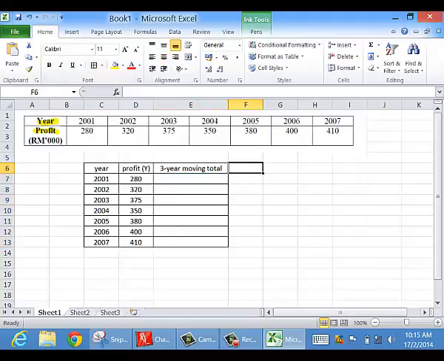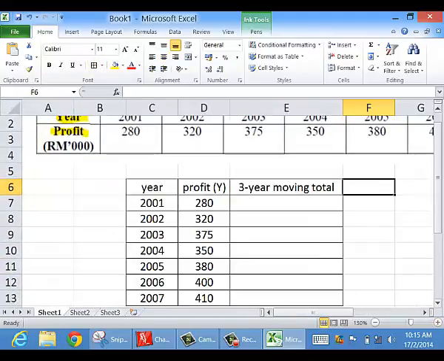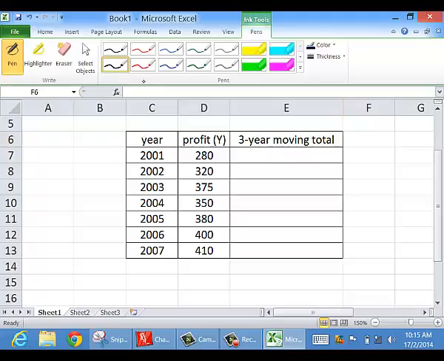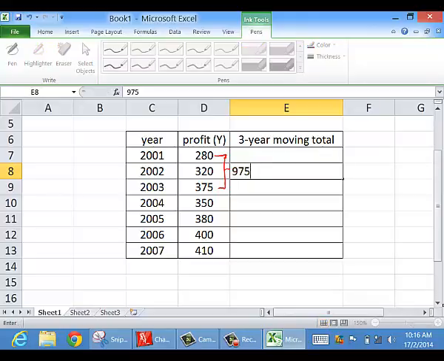In the 3-year moving total, first you need to find the total. How to find the total? You need to combine all 3 values into one value in the total column. So 280 plus 320 plus 375, you put it in the center of a new column, which equals 975.